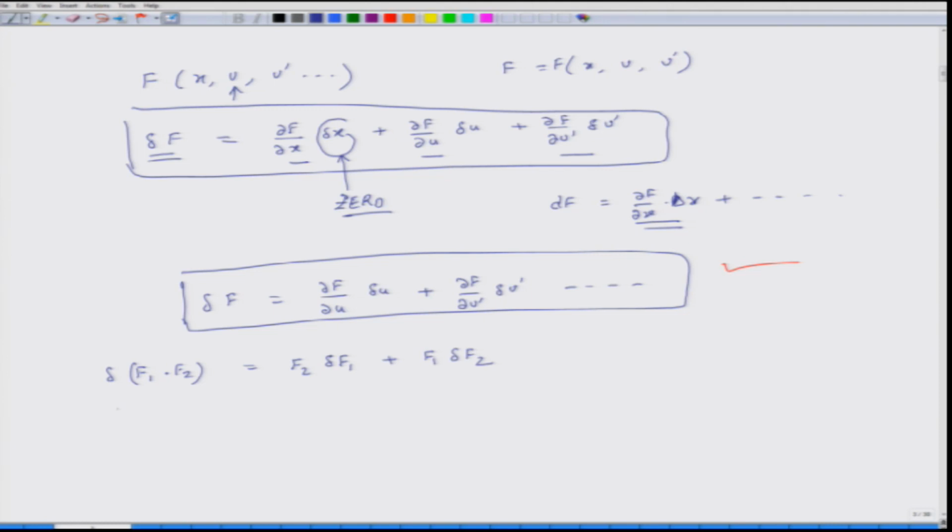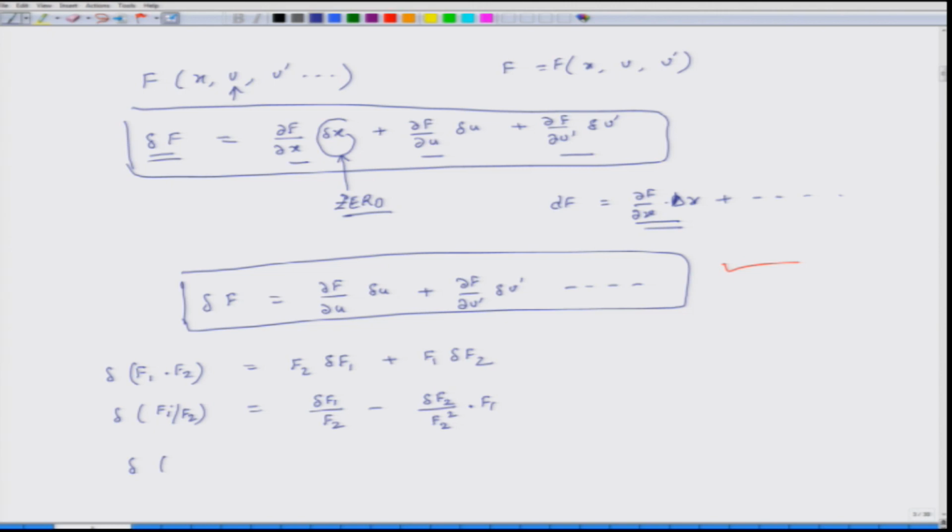Similarly, variation in f1 over f2 is equal to variation in f1 divided by f2 minus variation in f2 divided by f2 square times f1. This is the rule which is very similar to that which we use for derivatives.